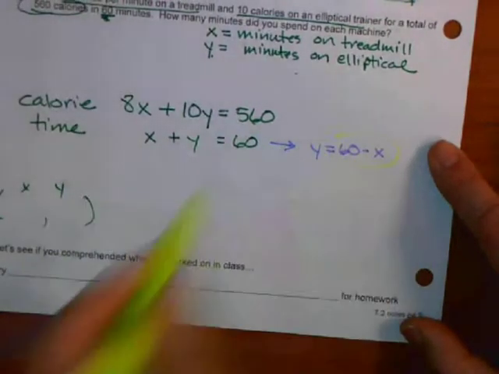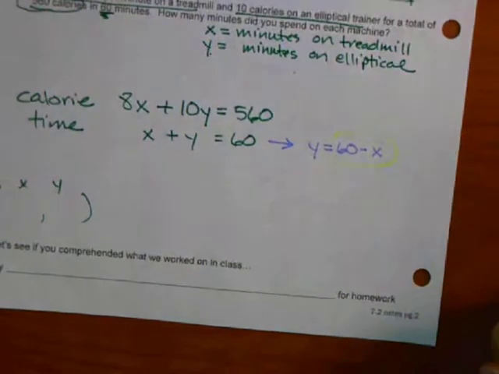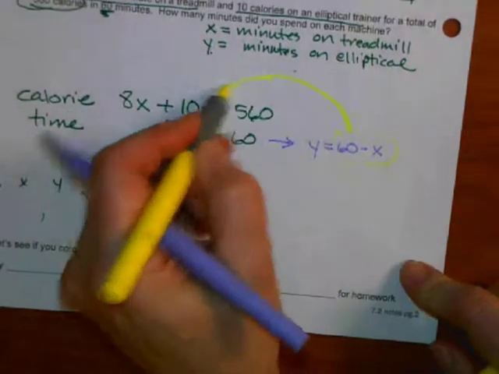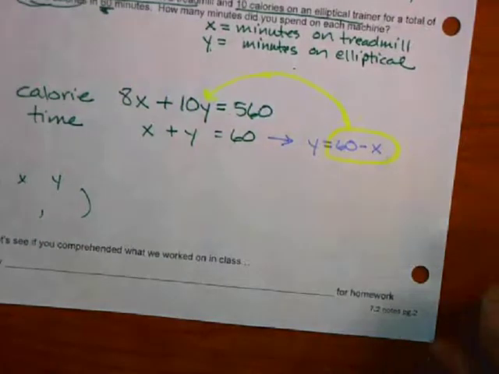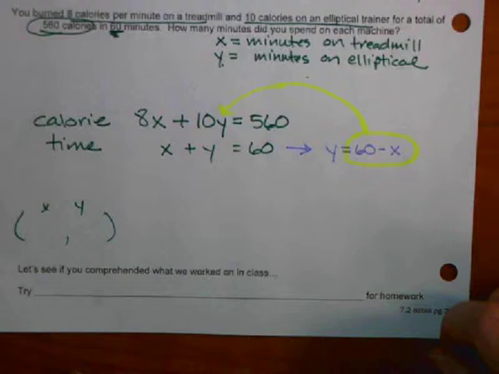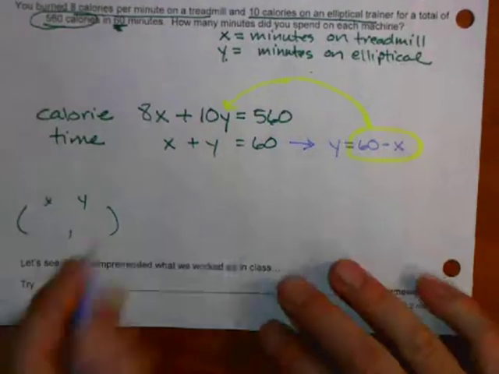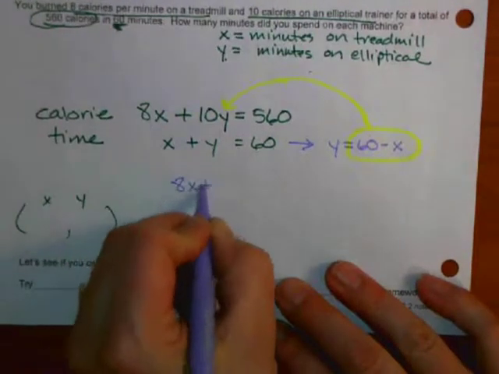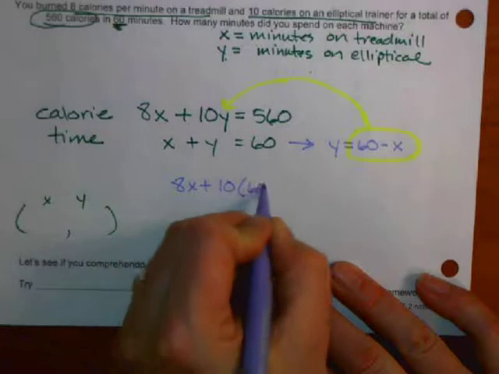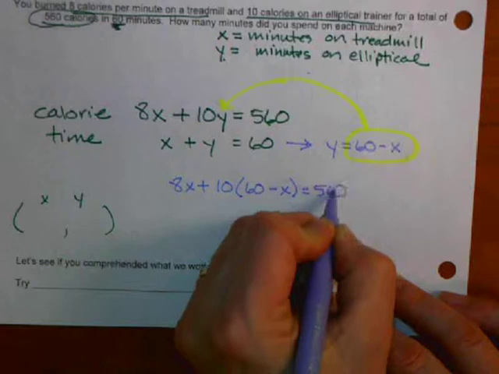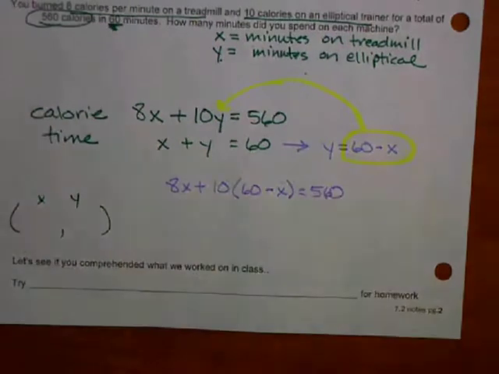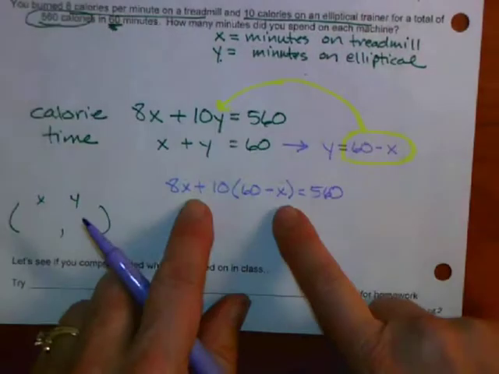If this stuff is equal to Y, I'm going to put it into this other equation where Y is. So let's write it. 8x plus 10 times 60 minus x equals 560. Oh, I just have x's now. I can solve.